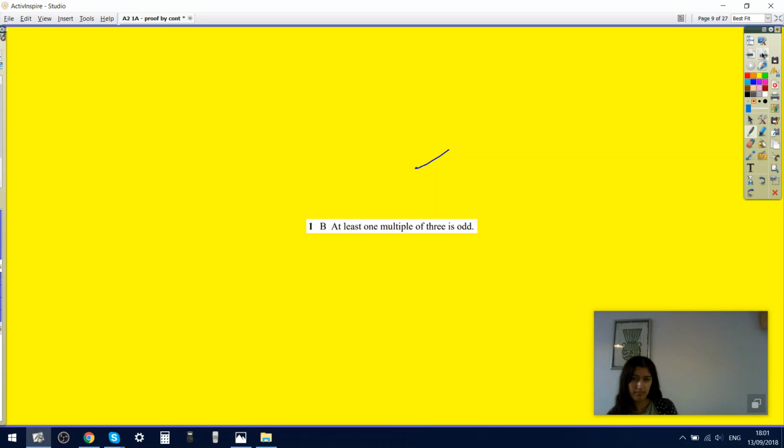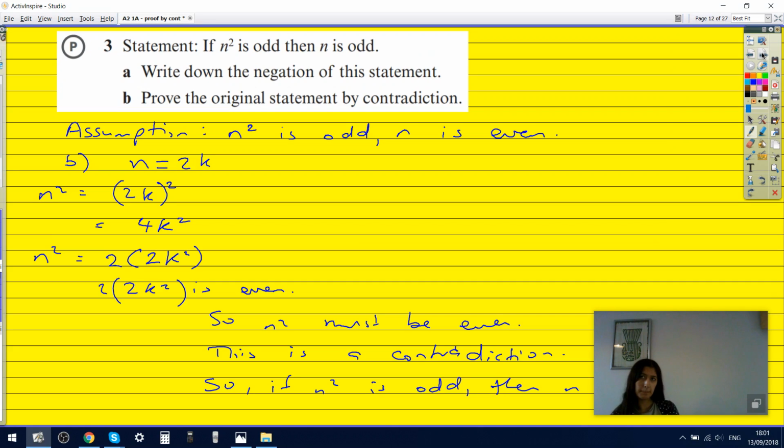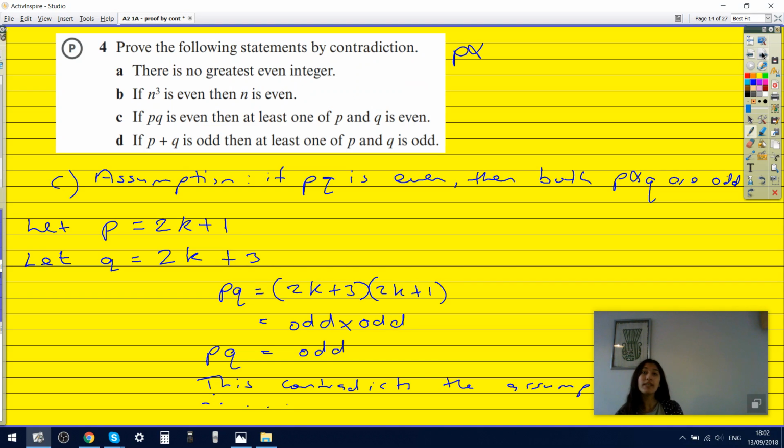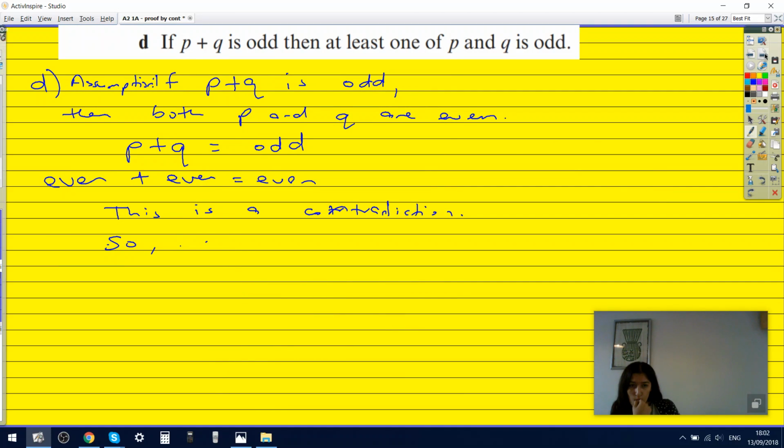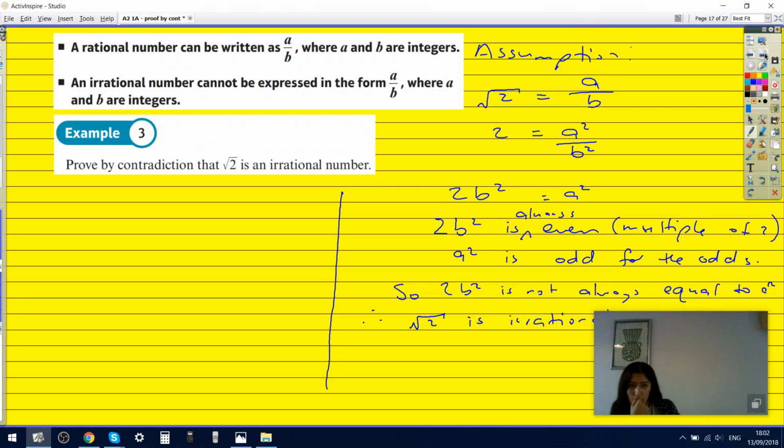Therefore, I think these we were okay for. This was very similar to the other one. Just you let it be 2k because it's even, and square it. P, Q. Yes. This one, odd times odd, gives us odd. That one was okay, I think. And D. I think that one was okay.